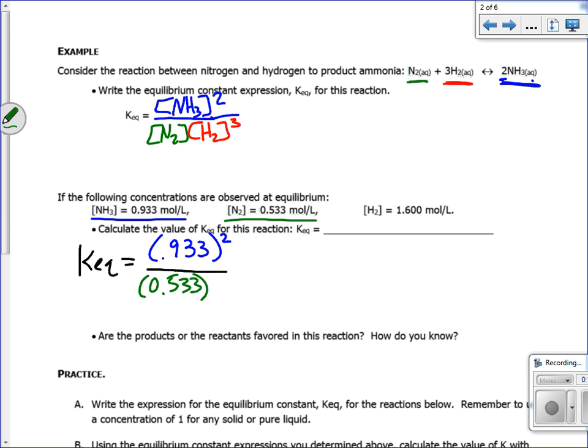I don't really need to raise it to a power because remember that's a 1 there. Understood. Okay? Now, we need to do the hydrogen. What did they tell us the hydrogen's molarity is? 1.600, and we need to do what with that one? Cube it. All right. So, now this is where it gets a little more difficult.